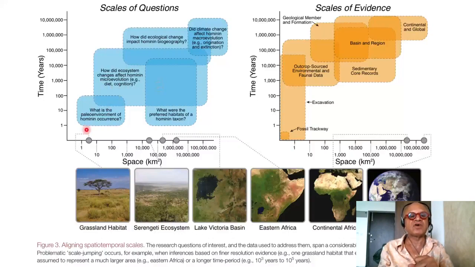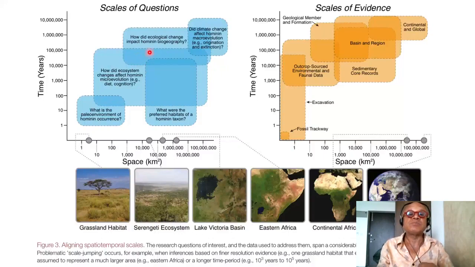So you can see now we have moved into larger spatial scales and a range of time scales here, and this one here is, what were the preferred habitats of a hominin taxon? So the temporal scale may be small, but the range of spatial scales is larger. Obviously there are overlapping spatiotemporal scales of these particular scales of questions.